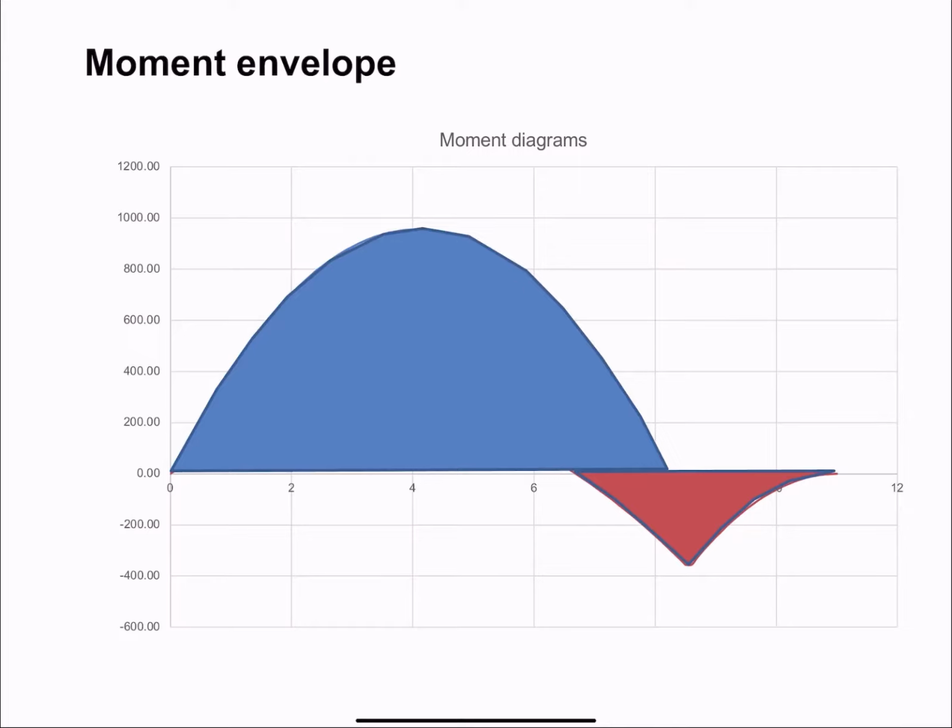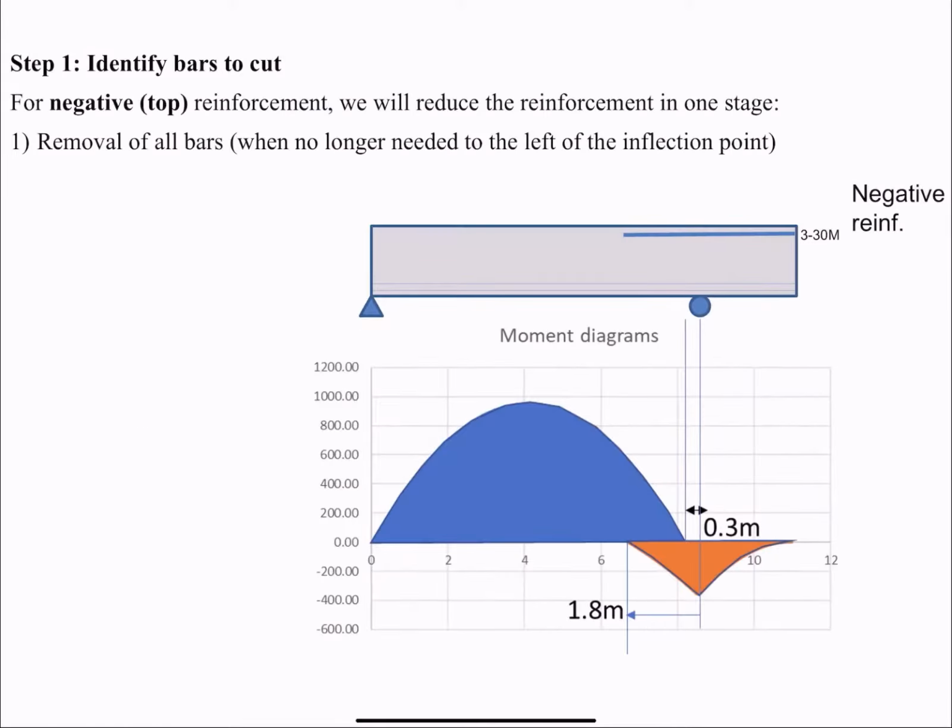Now, the first step in this process, and remember, we are talking about the positive reinforcement, is to identify which bars to cut. Well, for the negative top reinforcement, we will reduce the reinforcement in one stage.